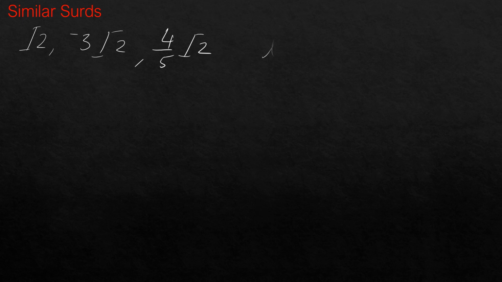There is another concept in your textbook called similar surds. What are they? Similar surds are just like a polynomial where we have the same variable. Similar surds, that's almost the same. Root 2 and minus cube root of 2, 4 upon 5th root of 2.